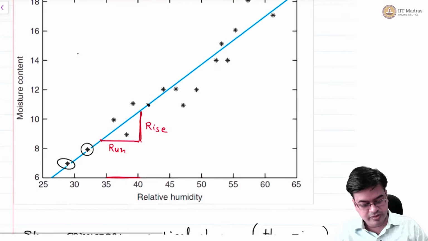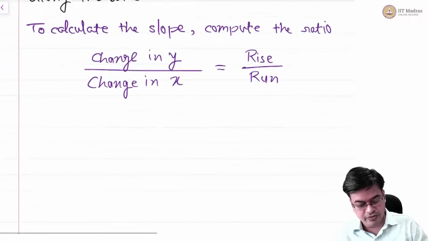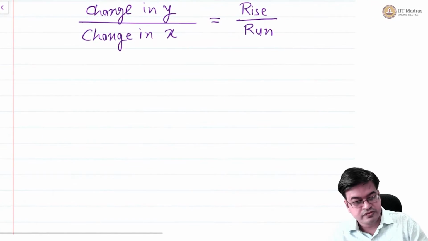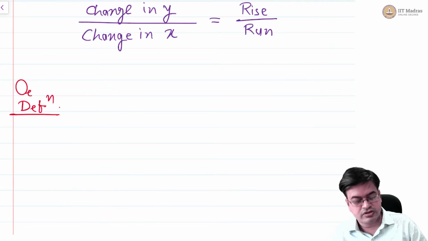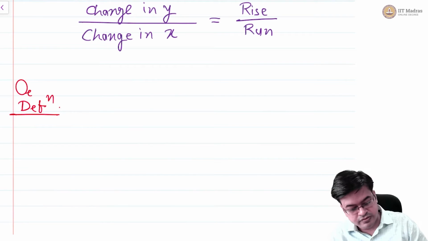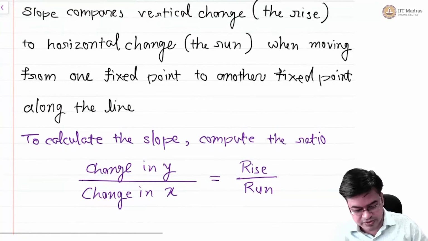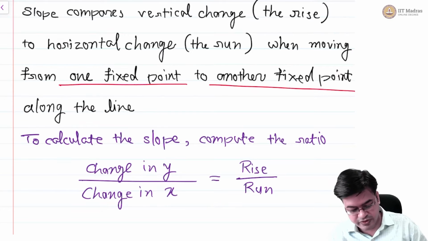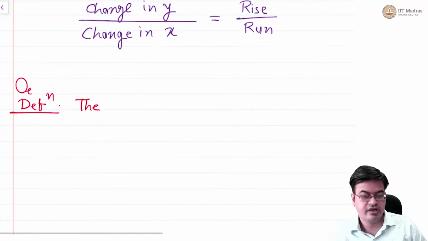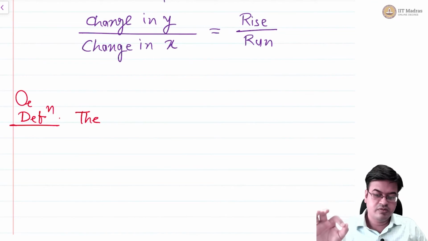So let me define the slope formally. If you look at the verbal description of the slope of a line from one fixed point to another fixed point, I need to specify a set of points.